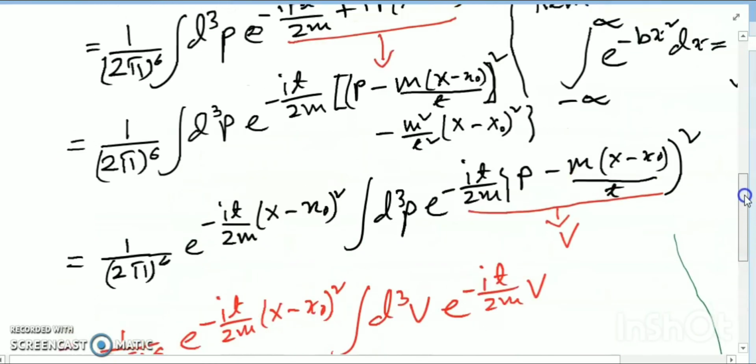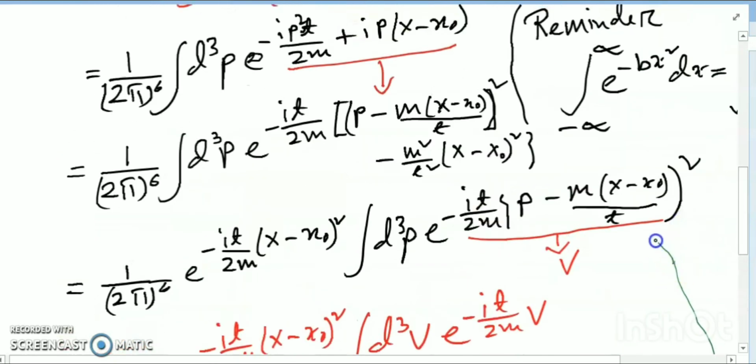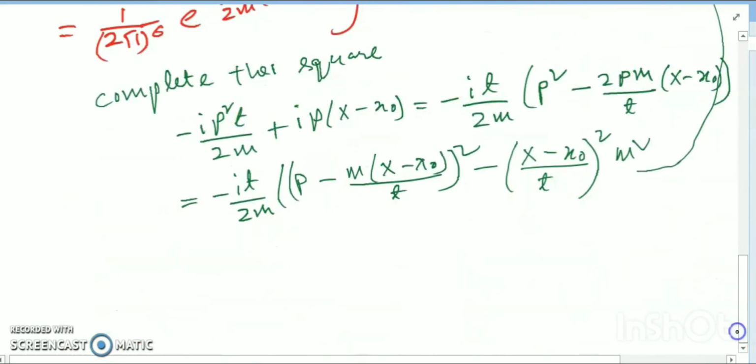So this is my note, and I discussed this step so that beginners can understand.